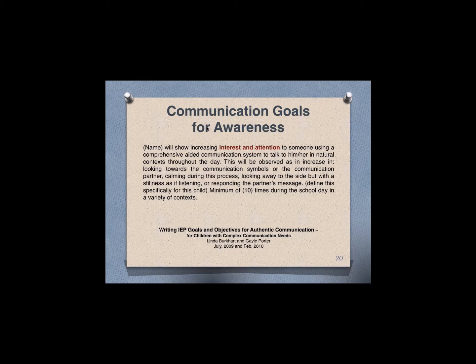So I was seeing this response to my modeling that showed that my message was really getting through, and we could measure that, right? We could say how many times throughout the day, if she was indicating distress, was she actually calmed or stilled while we were modeling the system.